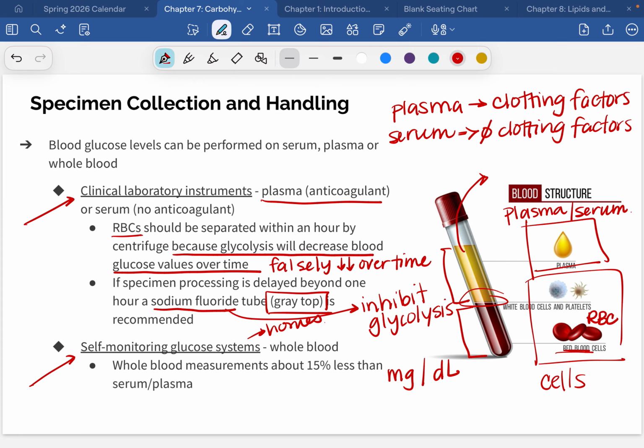Because we're doing a weight per volume measurement, the red blood cells taking up space removes or takes up space in that volume, I guess. So whole blood measurements are always going to be about 15% less than serum or plasma, which is what is expected from them.